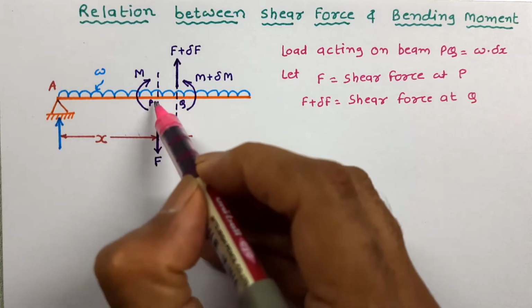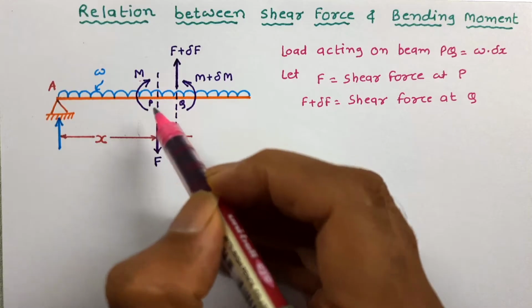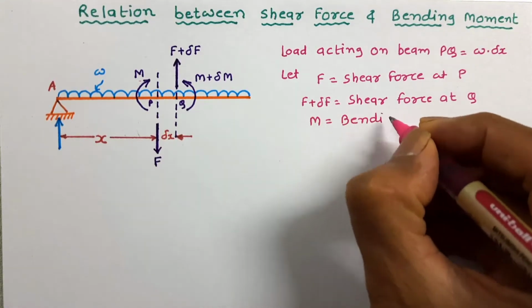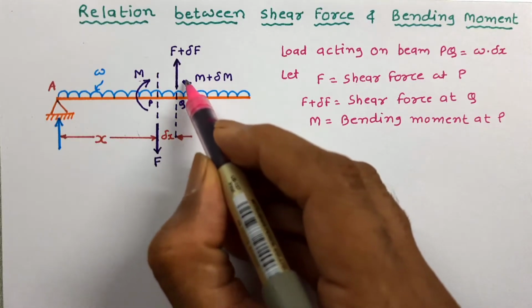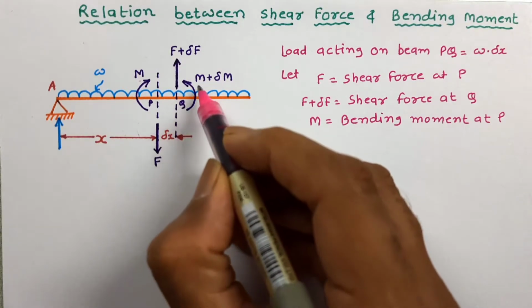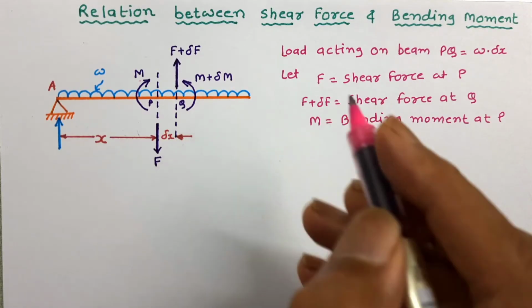In the same way, at point P, the bending moment acting is M, and in the figure we can see the bending moment acting at point Q is M plus del M. So let us write it.